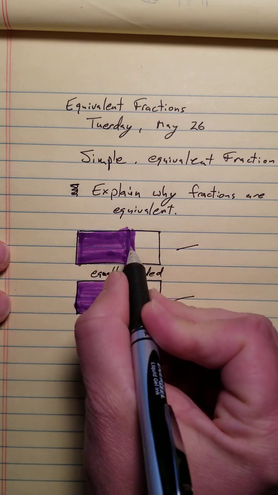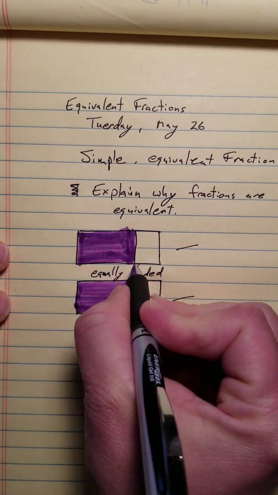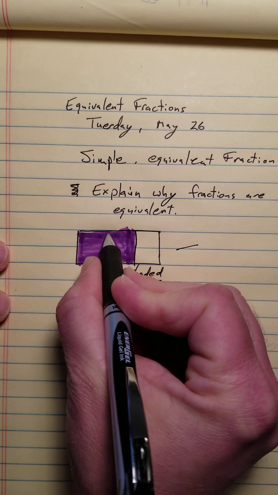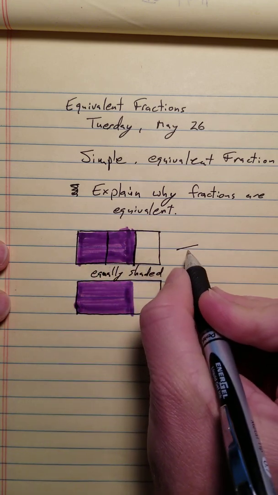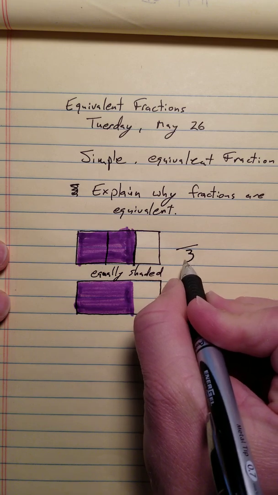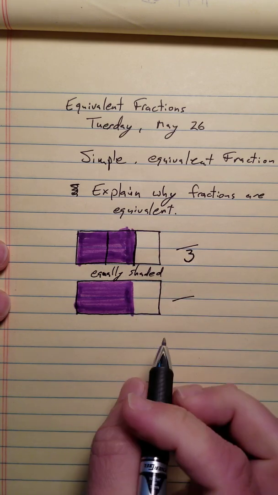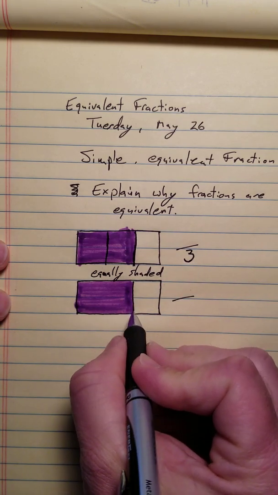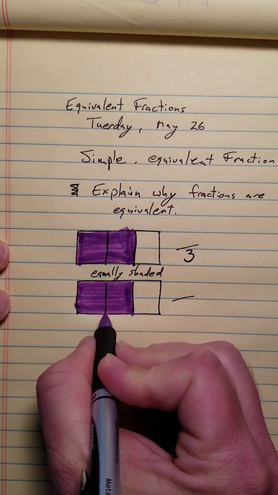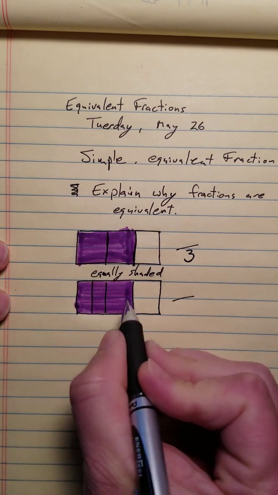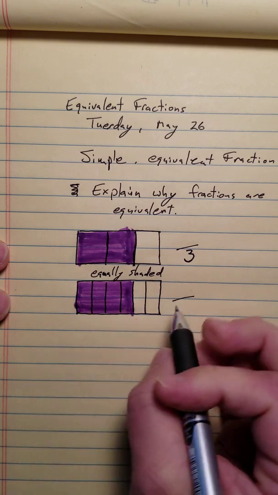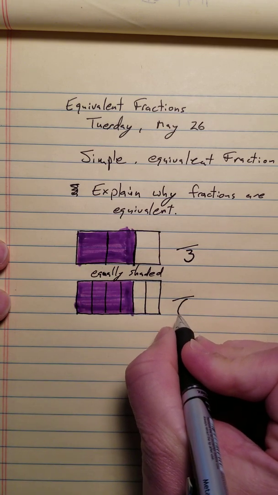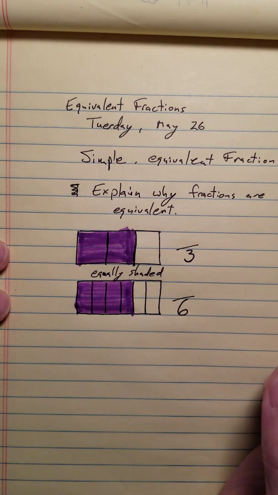But I'm going to divide this one into some parts. This one will get divided into 3 parts. And because it's divided into 3 parts, the number in the denominator is 3. This one, I'll start out dividing it in 3 parts, and then I'll divide it 3 more times. This one's divided into 6 parts, so the denominator is 6.